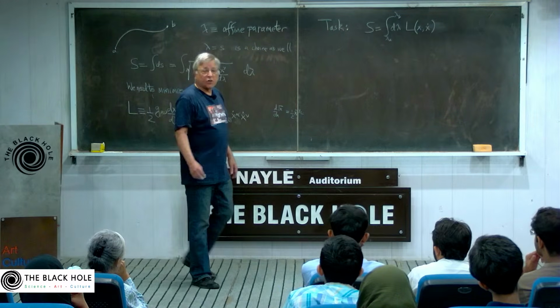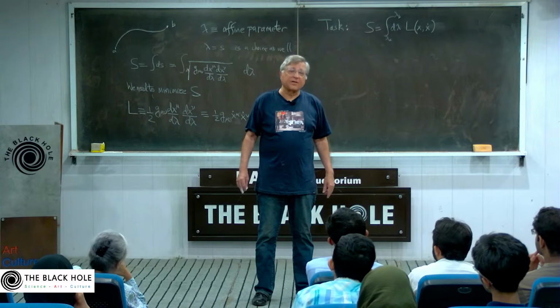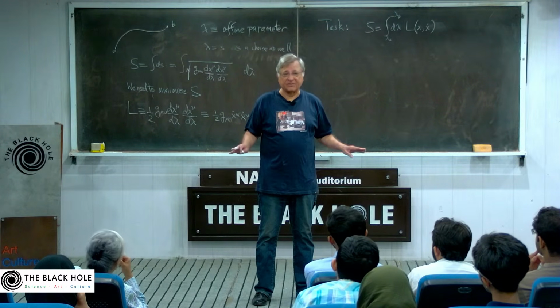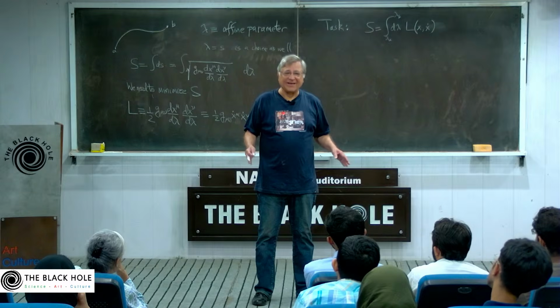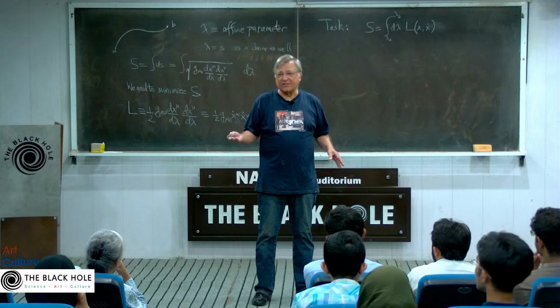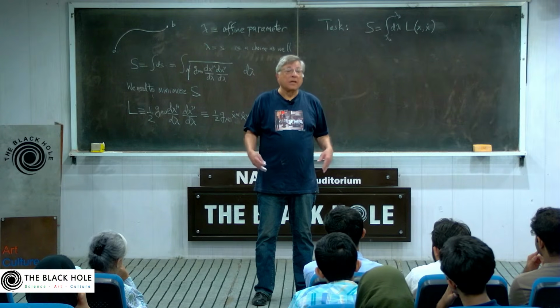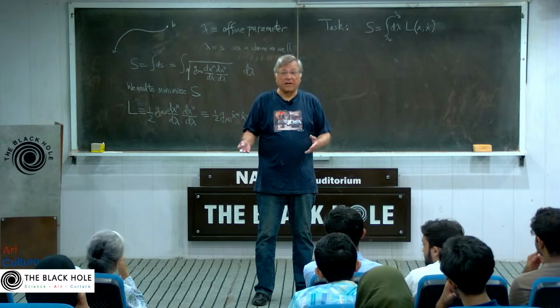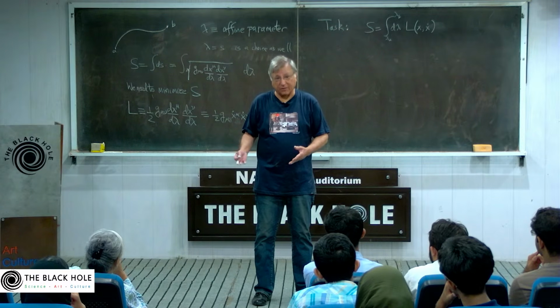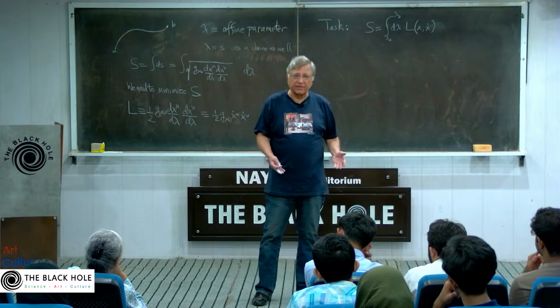It's completely, totally rigorous. There's a function. I want its minimum value. I want the square of that minimum value. Well, I can look at the function or I can look at its square. Same thing.